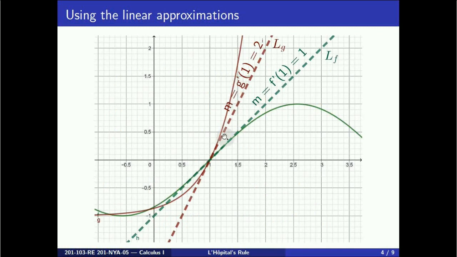The dashed lines are the two linear approximations that are tangent to the functions at the point (1, 0), because both f of 1 and g of 1 are 0, so they're both going through the point (1, 0). We have also added the slope of each line. Since f prime of 1 is 1 and g prime of 1 is 2, this explains why the dashed line in red is steeper than the dashed line in green. One has a slope of 1, the other has a slope of 2.